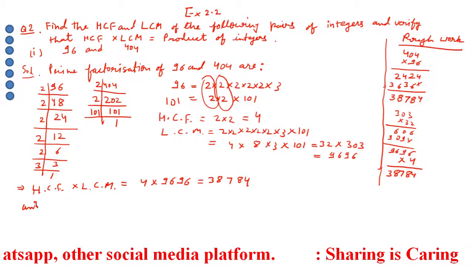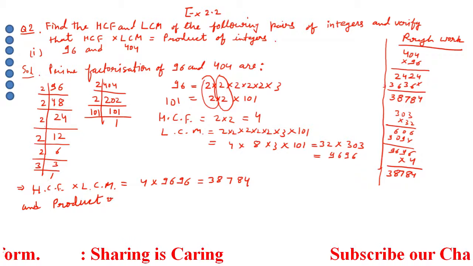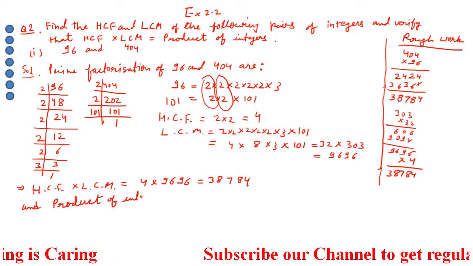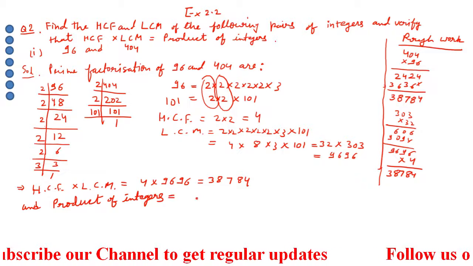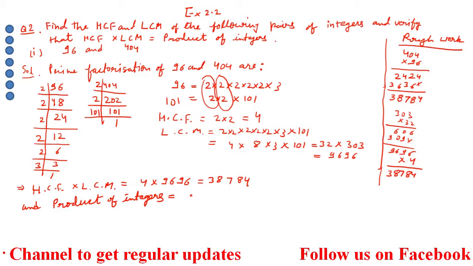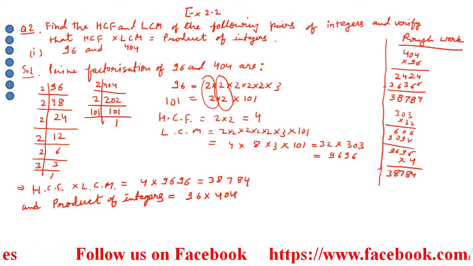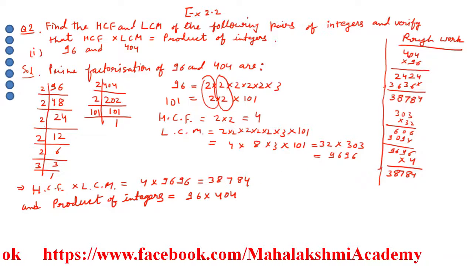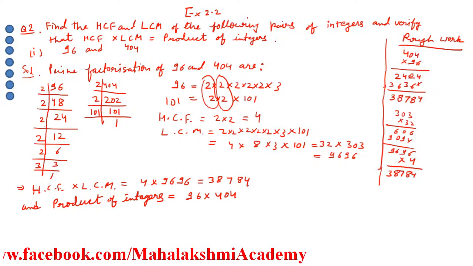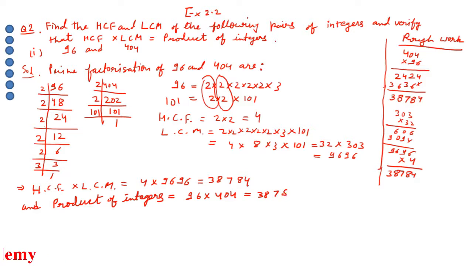So we write down here the product of integers is equal to, so what are the integers here? The integers given in the question, that is 96 into 404. So students, roughly I have already multiplied here. 404 multiplied by 96 will give us 38,784. So that also we write here, 38,784.